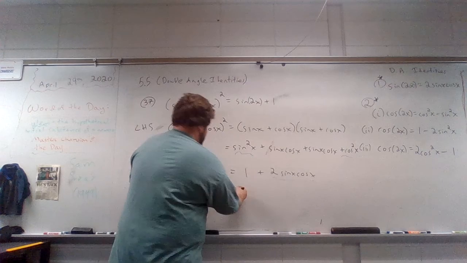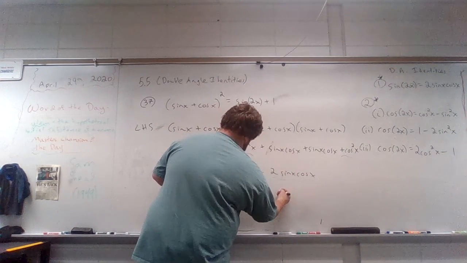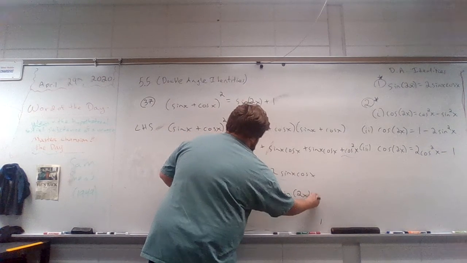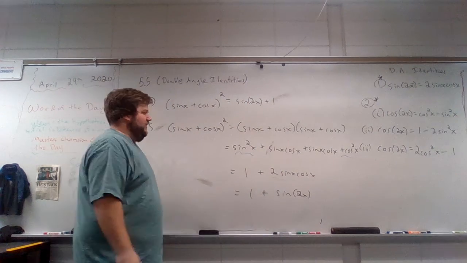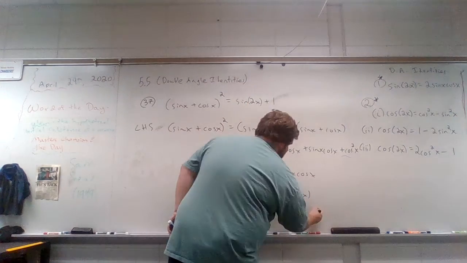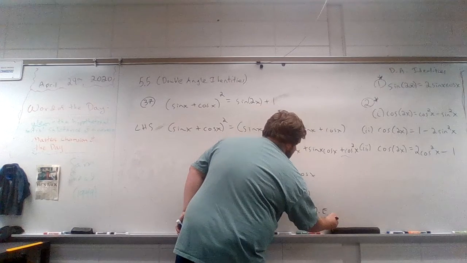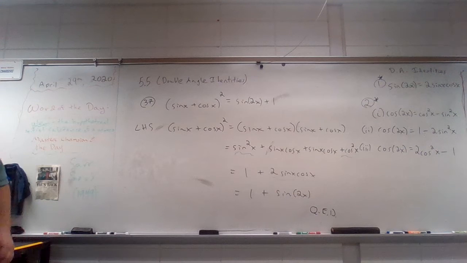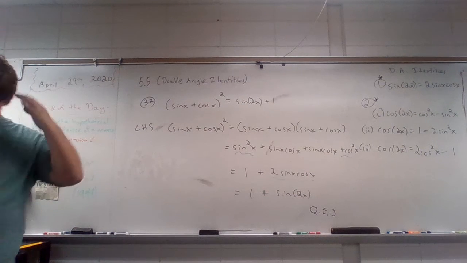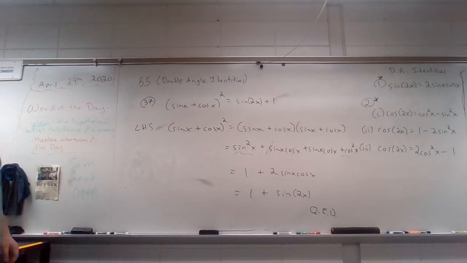So I just have 1 plus sine 2x, which you could also write as sine 2x plus 1. That's not a big deal, just commutative property of addition. So I got a QED. In some ways, that is really not too bad as long as we remember the double angle identity.